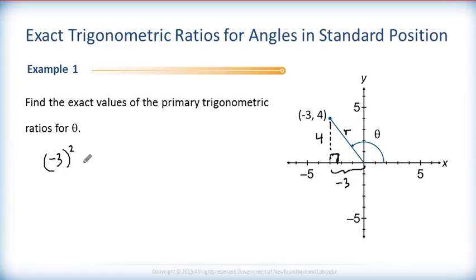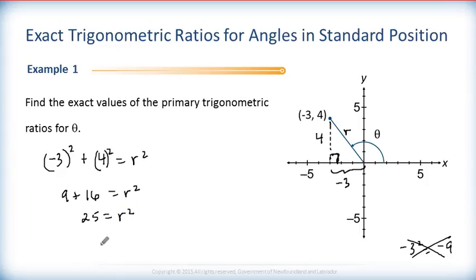Be careful to put brackets around that -3. If you put -3 squared on your calculator without brackets, you will get -9. We don't want that. We want (-3) all squared to get +9. And then we have +4 squared equals r squared. So we have 9 plus 16 equals r squared, and therefore 25 equals r squared. Therefore, our r value is the square root of 25, which is 5 in this case.